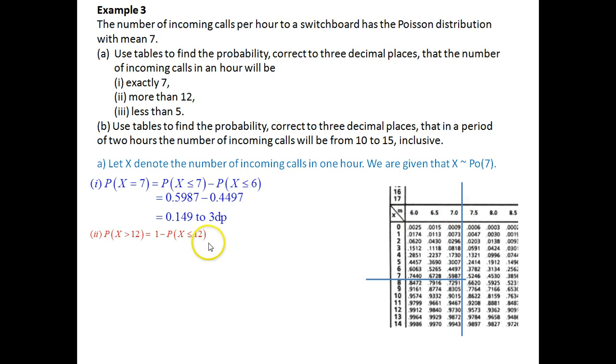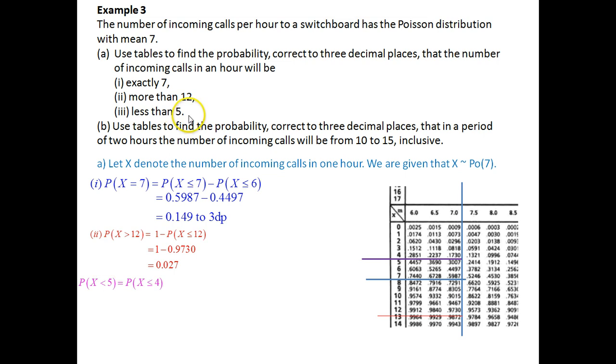So we've got the value 0.9730. This is 1 minus 0.9730, and we have 0.027 for the probability that we have more than 12. Remember, more than and more than or equal are different here because the distribution is discrete, the separate values.